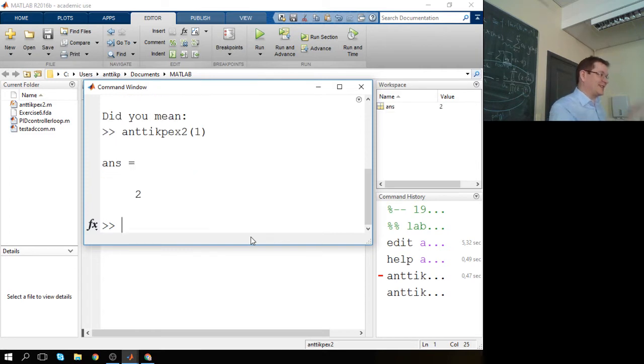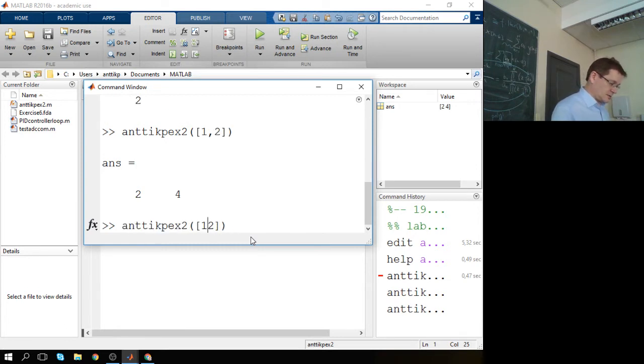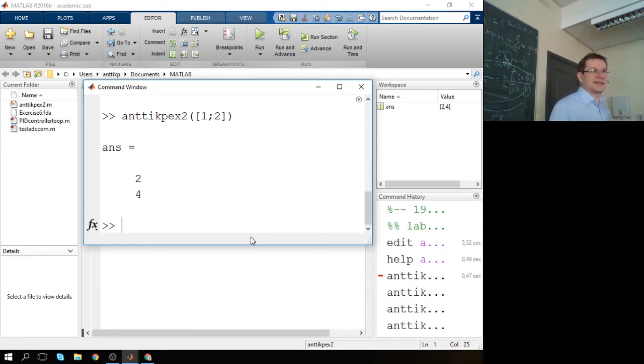Yes, I did mean this one. So, wow, I can now calculate 1 times 2. Or I can also use any size vectors here, and it does the same thing. Okay, that's nice. So now I have an example function.